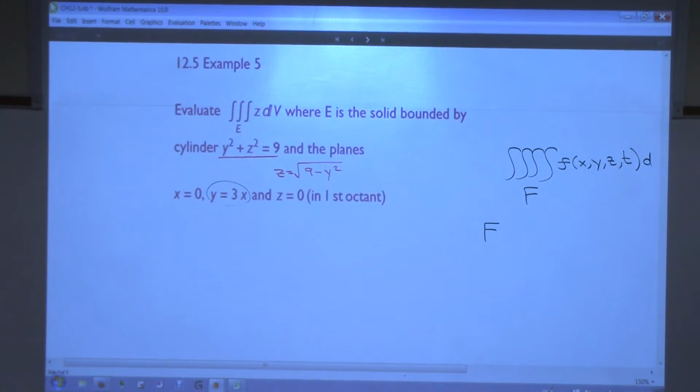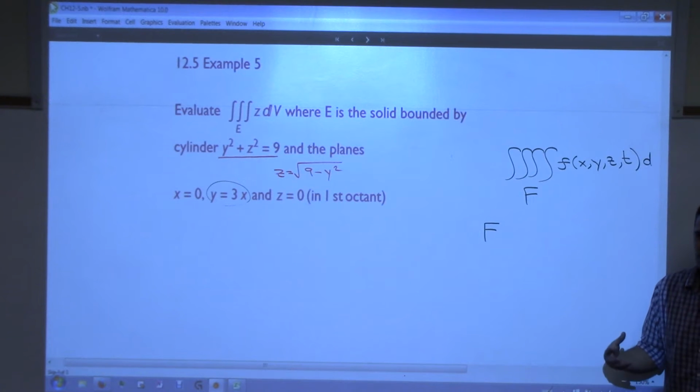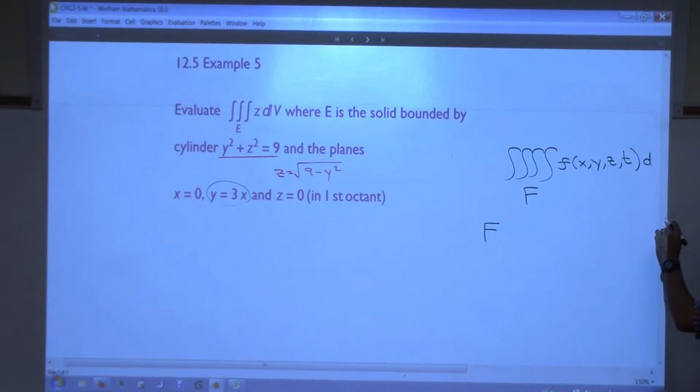Like dv was d volume because the E had a volume, right? But what is one dimension higher than volume? You know what I'm saying? Like we don't have a nice thing for it. So I could call it pretty much anything I want. dh, because we could call it a hypersolid. Sometimes a solid that's one dimension higher than 3 is called a hypersolid.